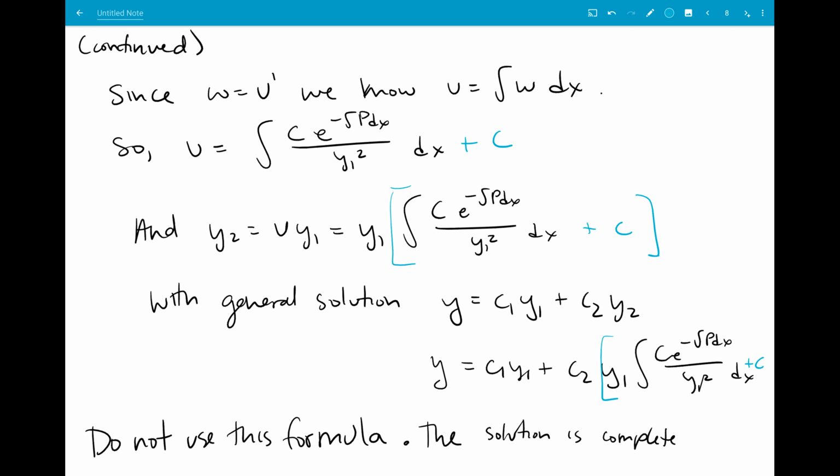That plus a constant is actually just going to create a new constant times y1. So it just goes into your first unknown constant right here. And then you're still left with c2 y1 times that integral c e to the minus integral p dx over y1 squared dx. So it doesn't really do anything.